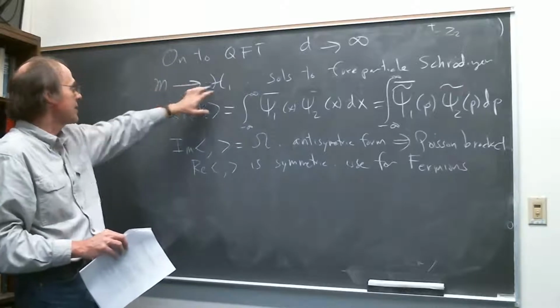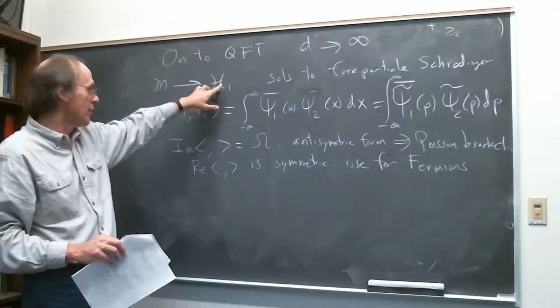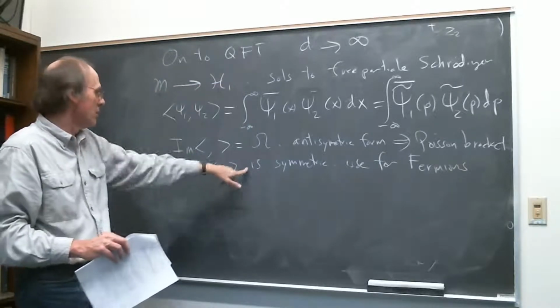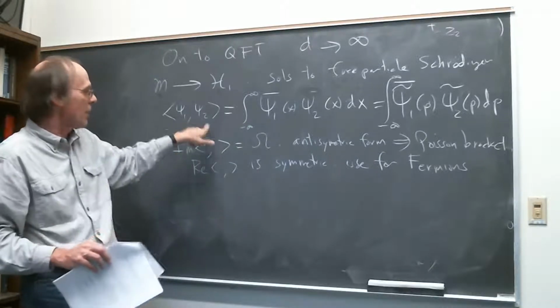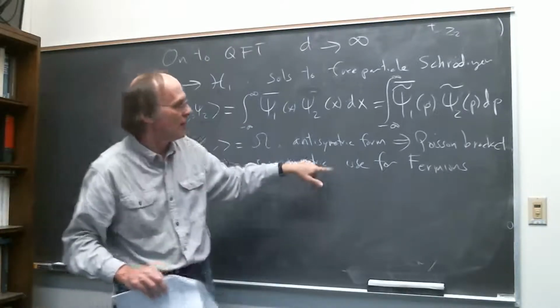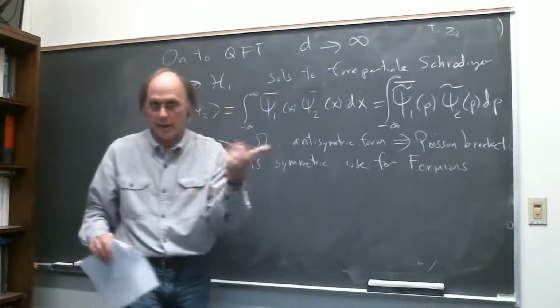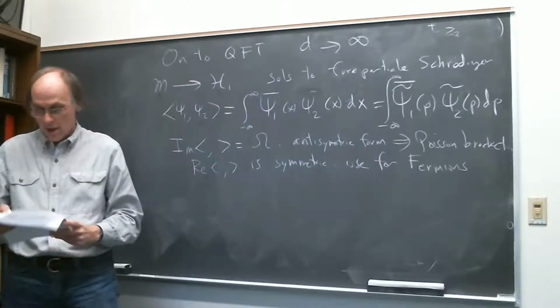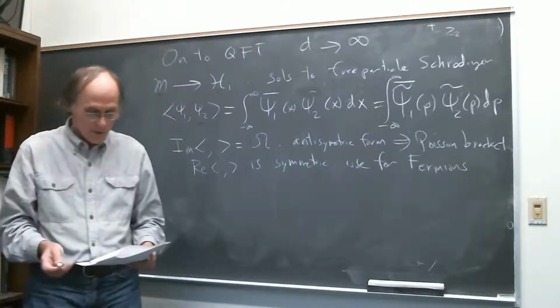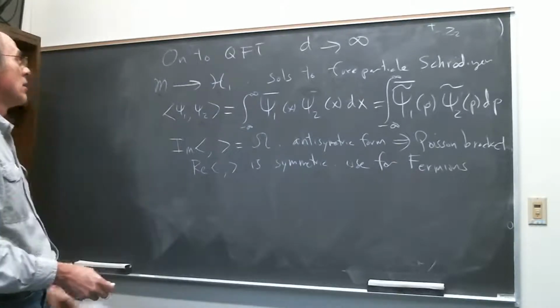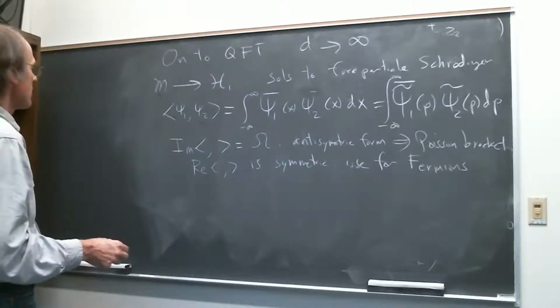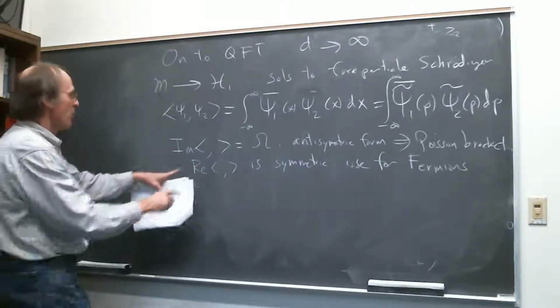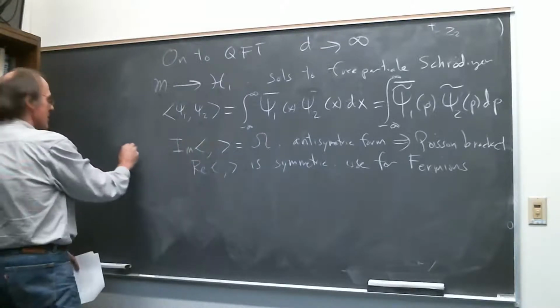You start by taking the same space, and the only thing you do is use the real part of the inner product as a symmetric bilinear form, and that's going to give you standard anti-commutators.